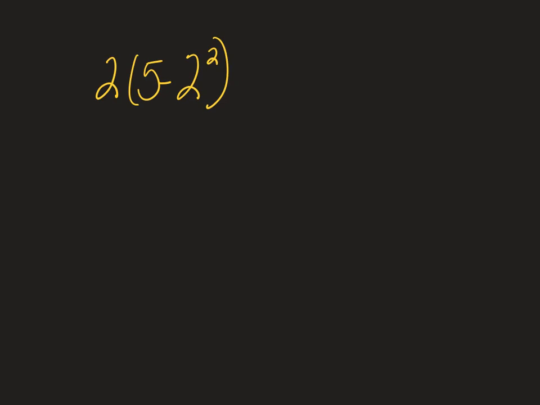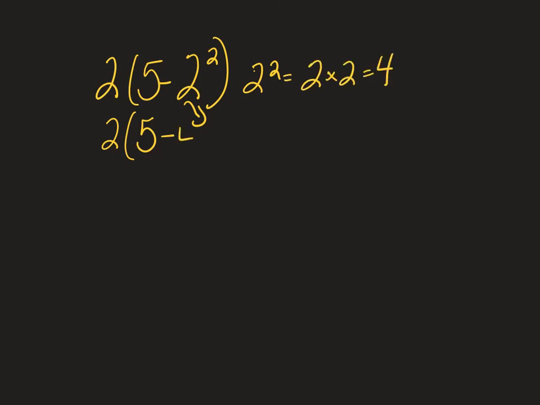So I'm going to solve the exponent before I subtract inside the parentheses. So 5 minus, remember 2 squared is the same as 2 times 2, which equals 4. Now I'm going to go back and solve what's inside my parentheses, and that's 5 minus 4, which is 1. And 2 times 1 is 2.